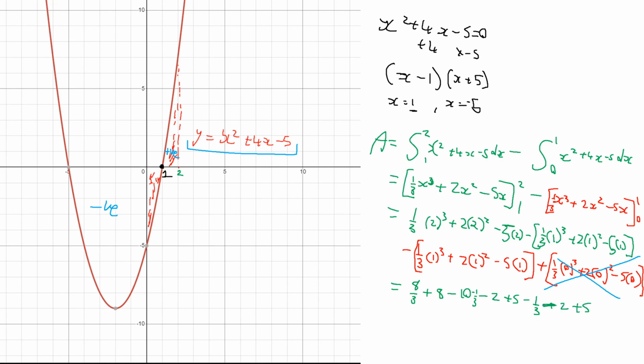Okay? So now when we carry out that integration and that substitution, which we can either do in our heads or use a calculator, we should get an answer of 6. And that is our final answer.